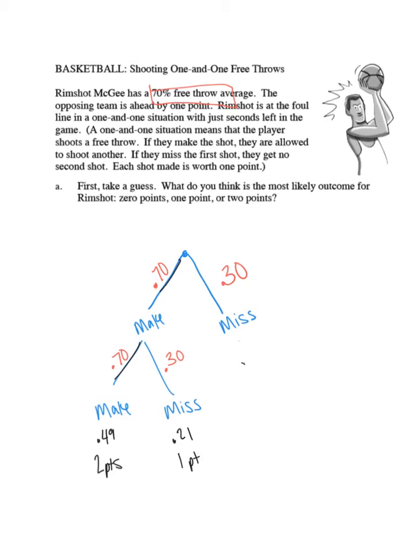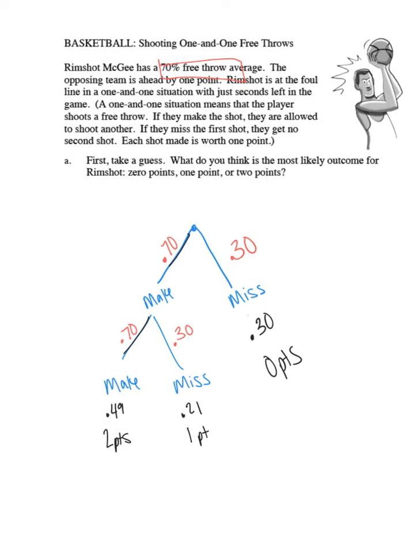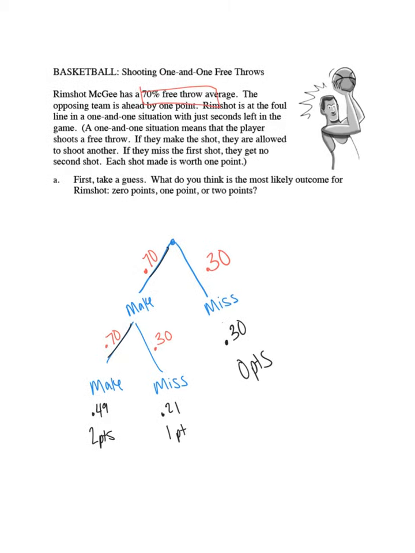The probability that he misses it is going to be just 30% because there's nothing there. So because he makes 70% of his free throws, he actually has almost 50% chance that he's going to get 2 points here. This is an example where I feel like the tree diagram is beautiful. It works nicely. I don't even have to make a second branch under where he would miss it.